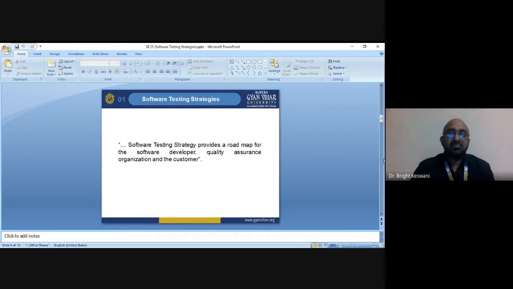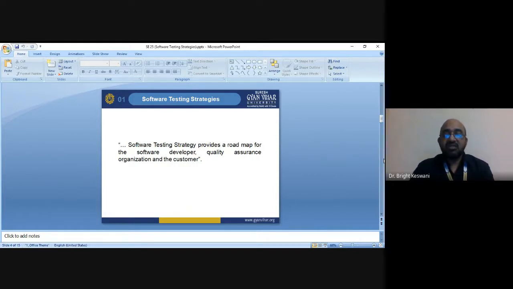There are some basic characteristics of testing strategies, like testing begins at the module level and works outward towards the integration of the entire system. So testing begins at the module level, meaning you have to test an individual unit first, then the whole system.